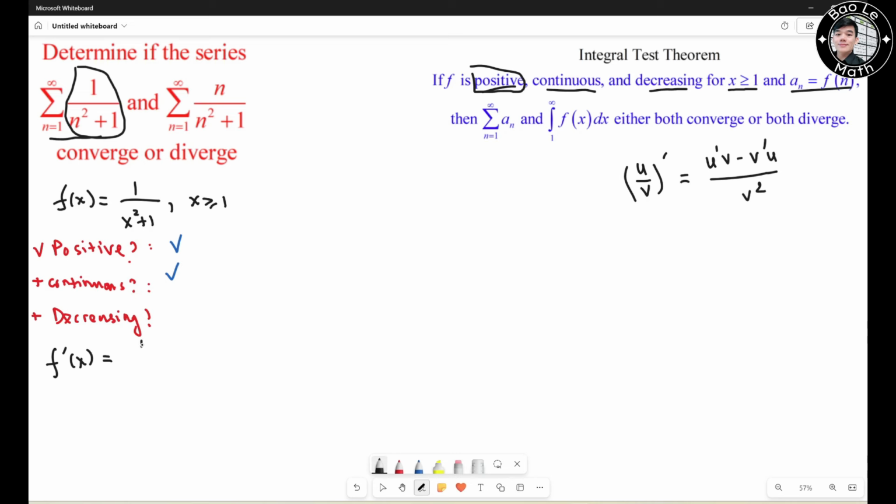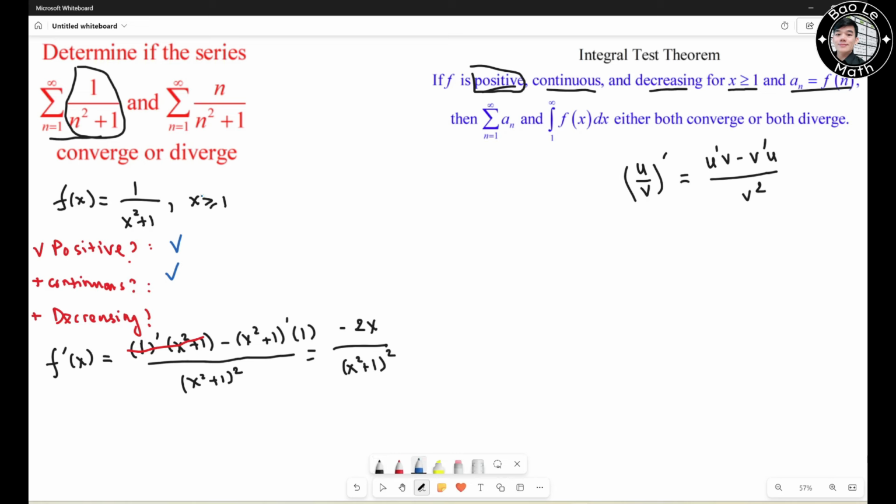So 1 prime times s squared plus 1, minus s squared plus 1 prime times 1, over s squared plus 1 squared. The derivative of 1 is 0, so this guy is 0. The derivative of this one is negative 2s. So it is negative 2s over s squared plus 1 squared.